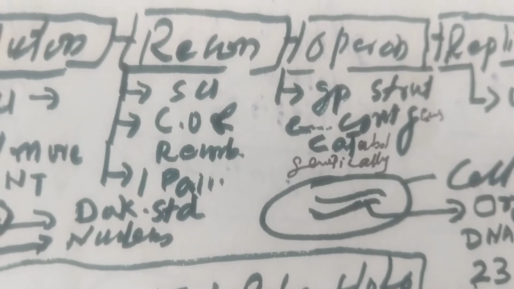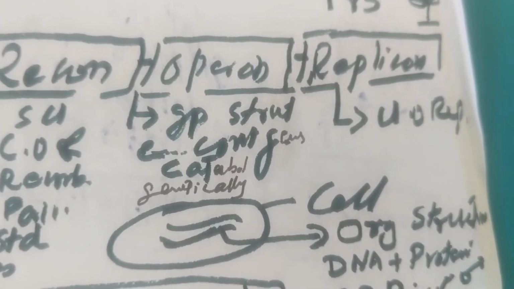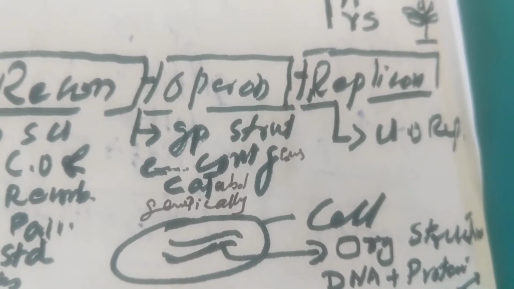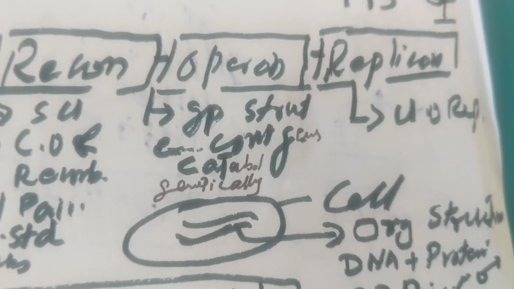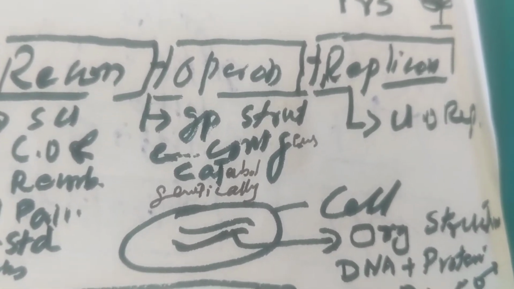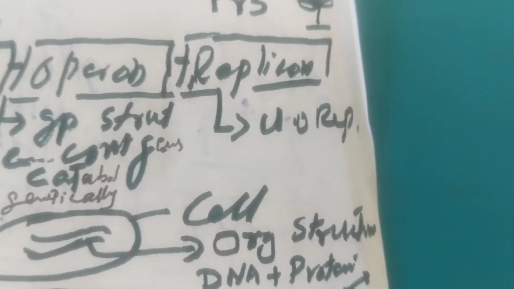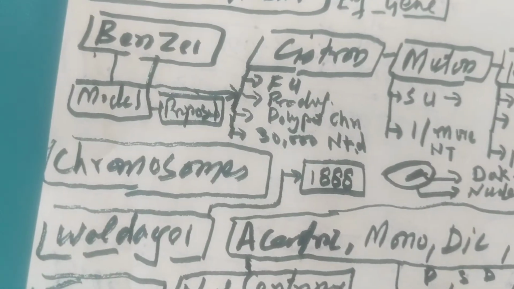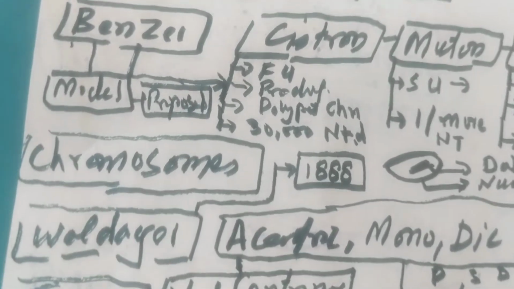It consists of one pair of nucleotides. Next, the operon is a group of structural and control genes which control catabolism genetically. Then next is the replicon, where the replication takes place. So this was all about the model of the gene proposed by Benzer.